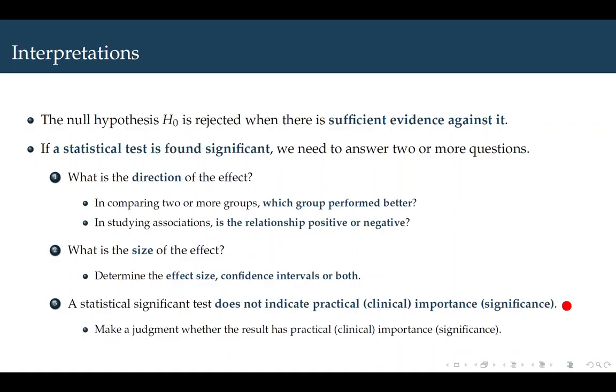To determine whether the statistical significance is actually clinically important, there should be a judgment, based on certain subject matter experts, whether the result has practical or clinical importance. But in general, statistical significance is not necessarily an indication of clinical significance or clinical importance.